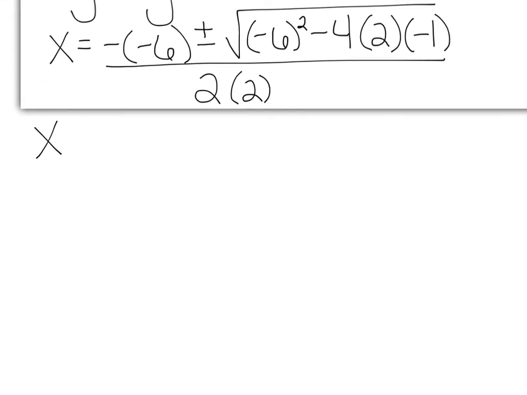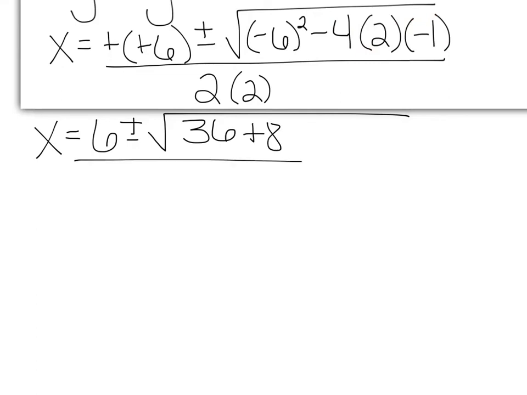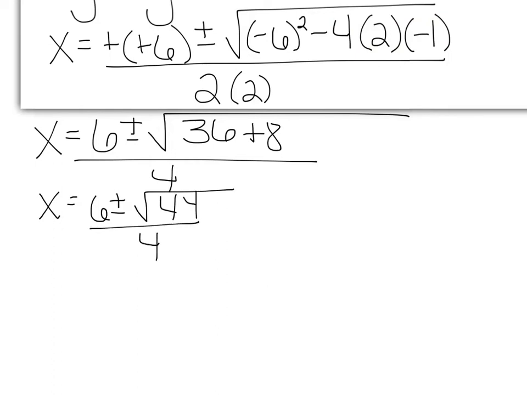Okay, x equals, add a line, change the sign, positive 6 plus or minus the square root, negative 6 squared is 36, and then I say negative 4 times 2 is negative 8, negative 8 times negative 1 is positive 8, all over 4, because 2 times 2 is 4. So x equals 6 plus or minus the square root of 44 over 4.